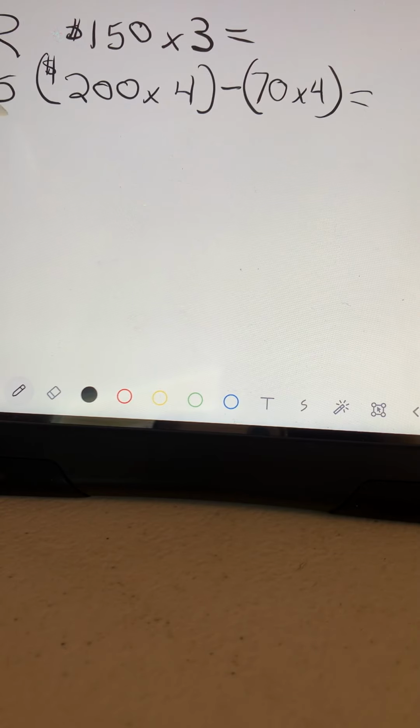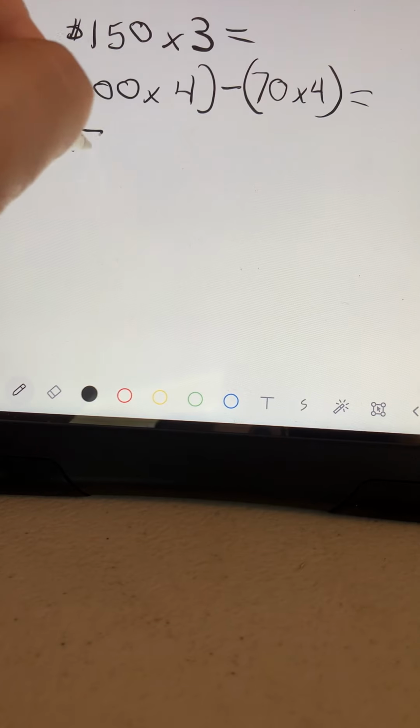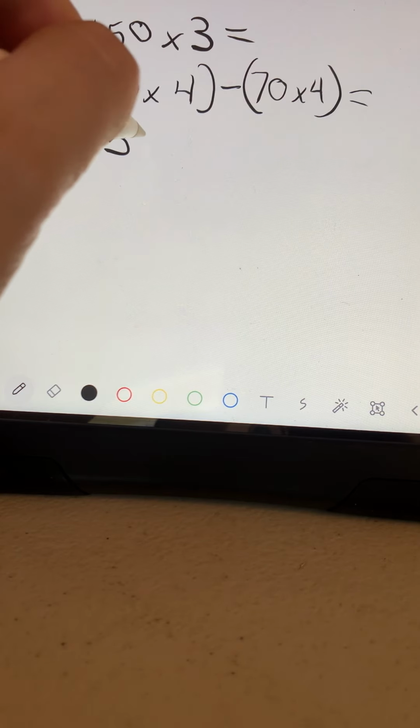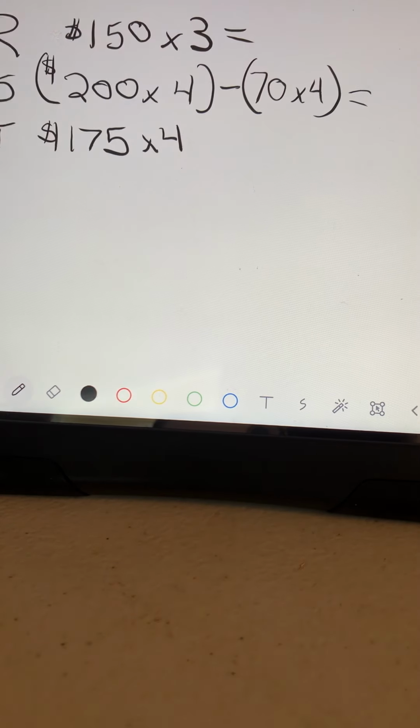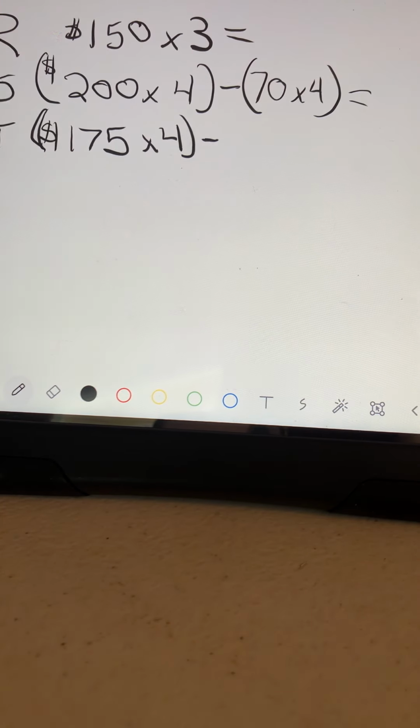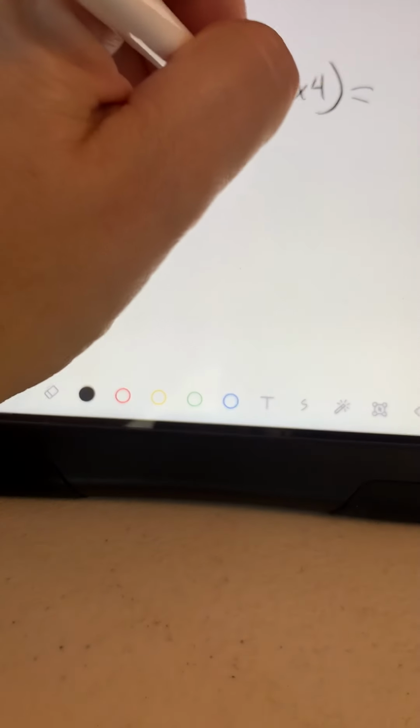Okay, then for T, we have 175. Buy 4 tires, so 175 times 4 minus the $200 that you're going to save off the total price.